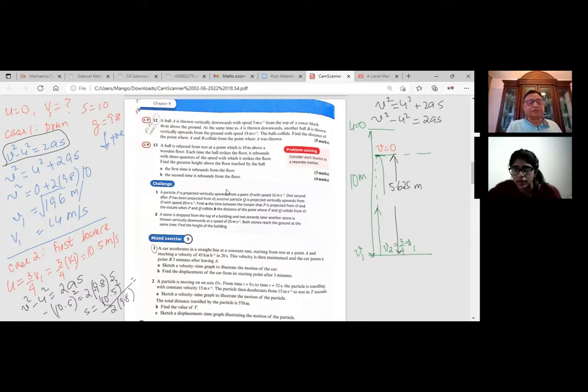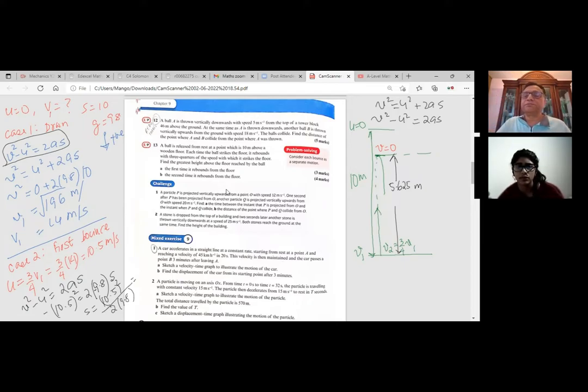So that becomes the height. 5.625 is correct, so that is the height reached.